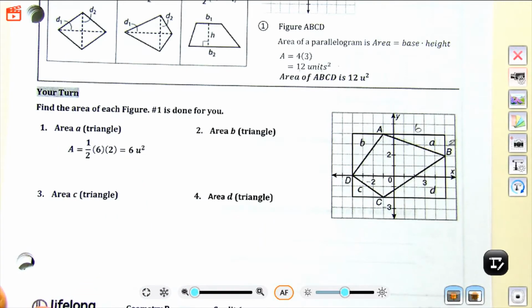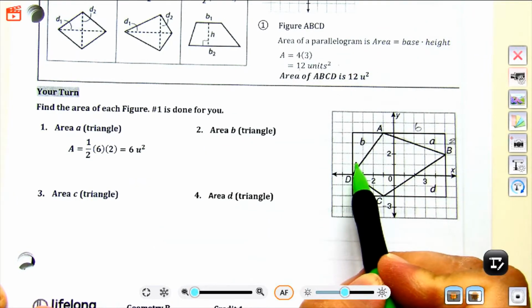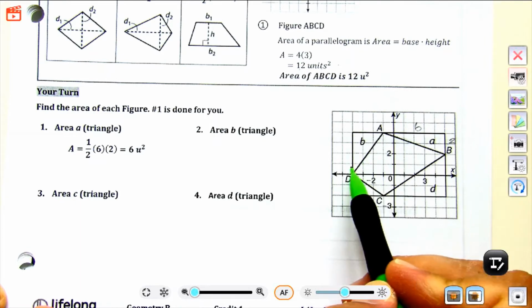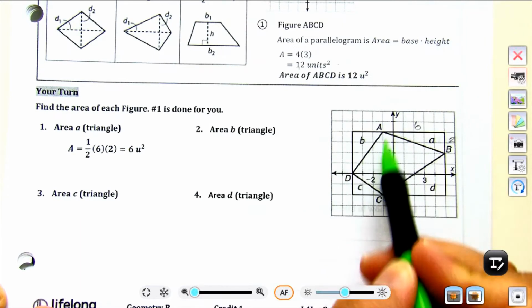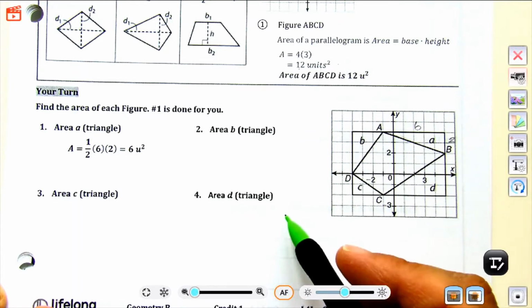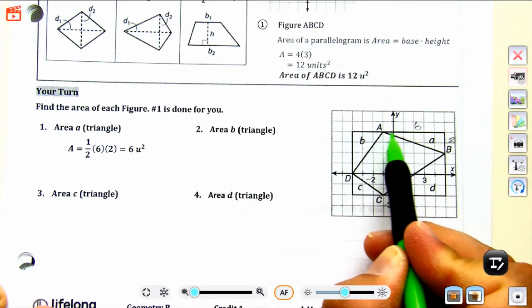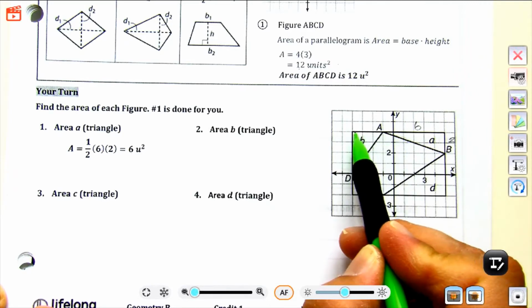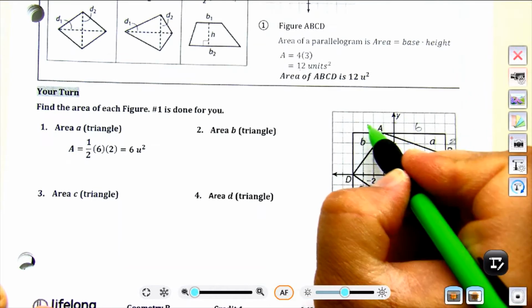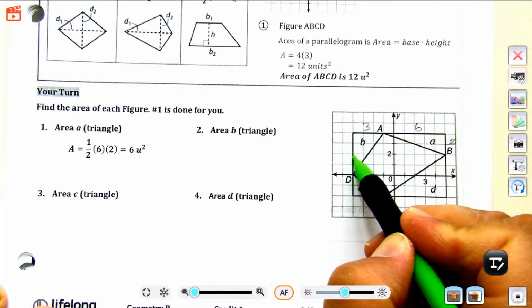They want you to apply this for triangle B. Again, for this triangle, we need to determine what the base and the height are. Let's look at this as the base. The base would be 3 units, and the height would be 1, 2, 3, 4 units.